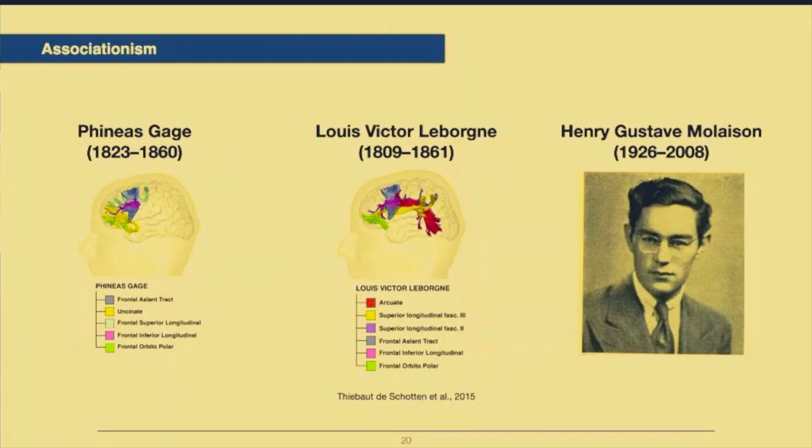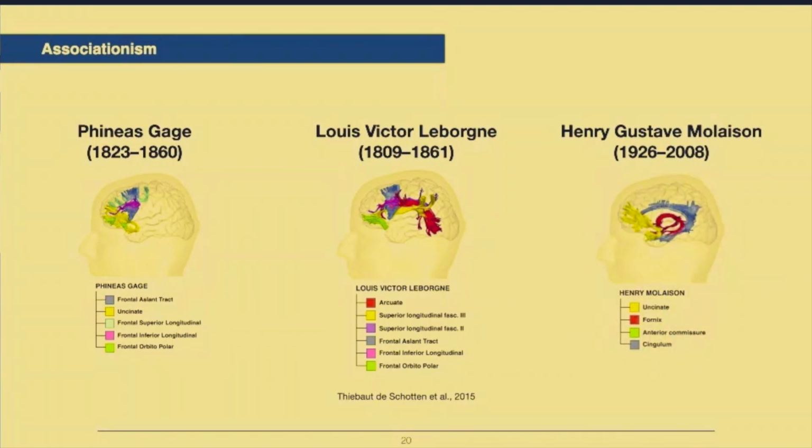And then finally, for patient HM, we can see that the entire limbic network was disconnected by his surgical lesion. So it's the same patients, it's the same lesions, it's just a different way of looking at the damage that was caused by the lesion.